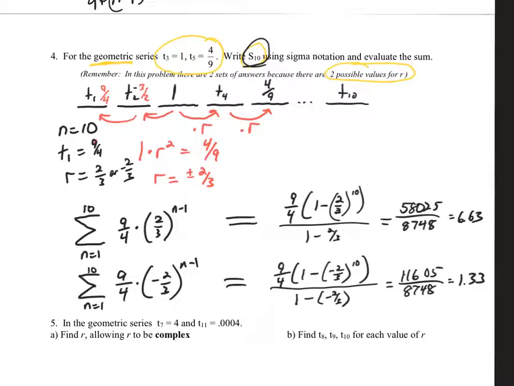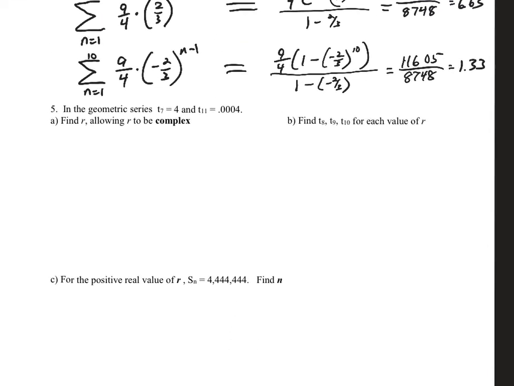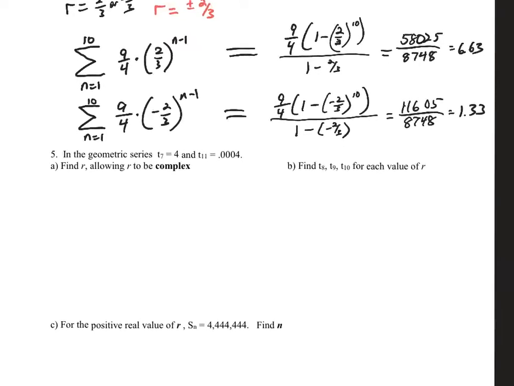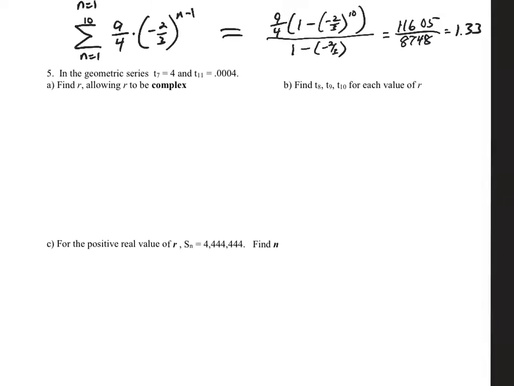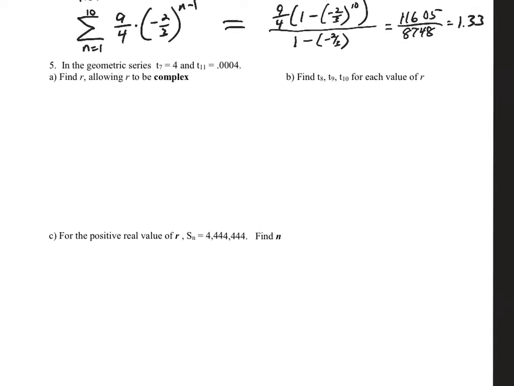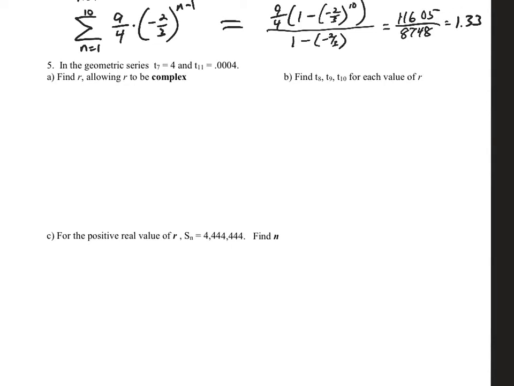Last problem on today's lesson is a problem that you've actually seen before, where you are finding geometric means. If you're finding the value of r in a geometric series, you are finding geometric means.